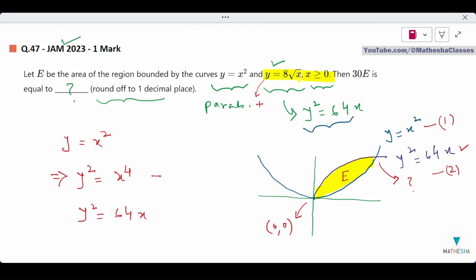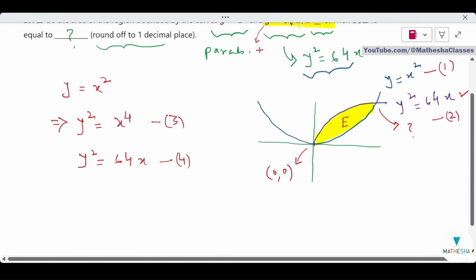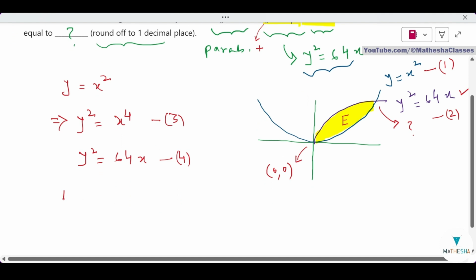If I call them 3 and 4, then from 3 and 4, you are getting x to the 4 is equal to 64x.